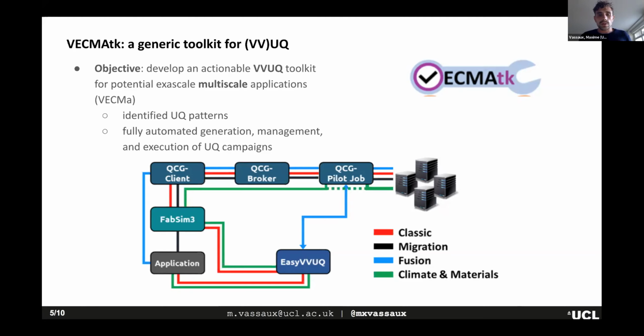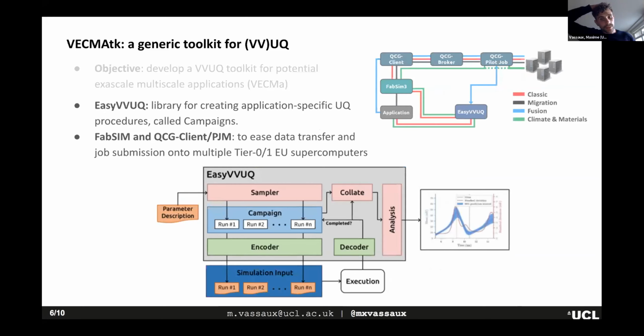So the initial work of this project was to identify uncertainty quantification patterns, what we typically call intrusive, non-intrusive, and semi-intrusive patterns, and to provide tools that enable to first generate a UQ campaign. That's a first tool that we developed and released so far, called EasyVVUQ, which enables to generate the samples within a UQ campaign and encode the input parameter files.